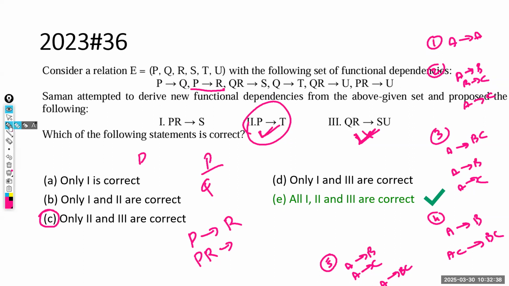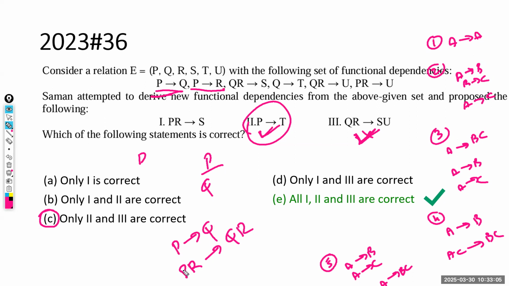Yeah, so let's start from here. P determines Q. Okay, so if P determines Q, PR determines QR. Do you agree with that? That is, if A determines B, AX determines BX. So I add R here, R here.